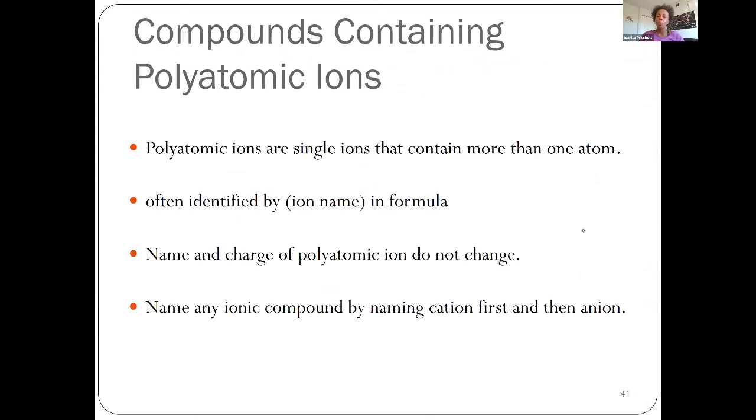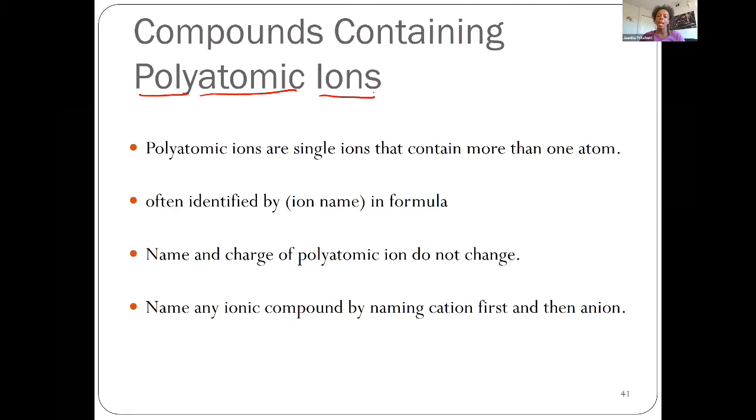So we're going to add one more layer into this ionic compound naming system, and that is these things called polyatomic ions. If we break that word down, poly means many, atomic means atoms that are together, ion means they have a charge. These polyatomic ions have a set formula and a set charge.